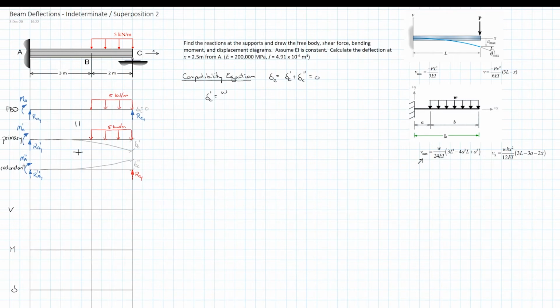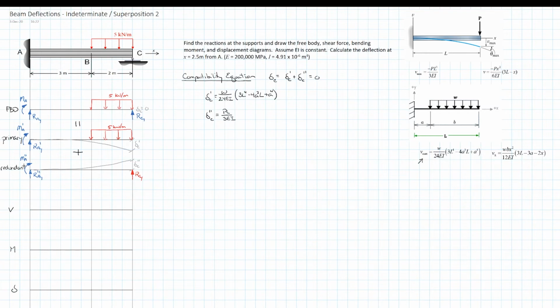And so W over 24 EI all multiplied by 3L to the 4th minus 4A to the 3rd L plus A to the 4th, and delta double prime C is equal to, I'm going to drop the negative sign for now, PL cubed over 3EI.